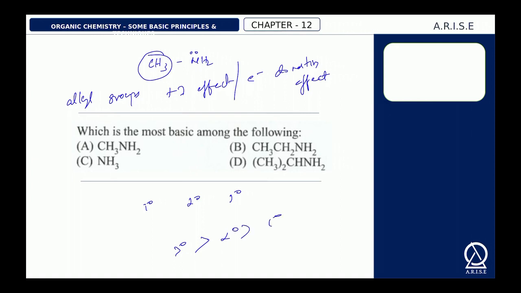Here in CH3CH2NH2 a primary group is attached to NH2, and in (CH3)2CH a secondary group is attached. When the secondary group is attached, it has a greater electron donating effect, which increases the electron density on nitrogen to a greater extent and makes the lone pair more available. Therefore, option D is the most basic.